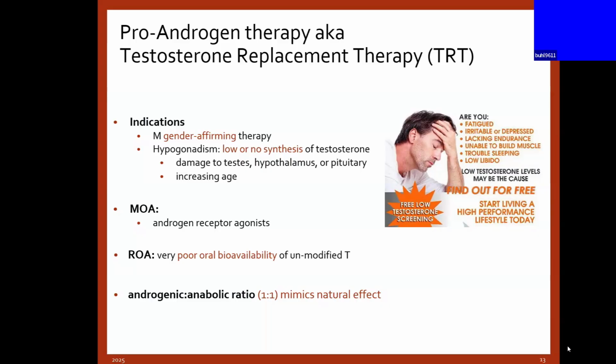What we want to do is say anything that mimics your natural androgenic to anabolic ratio in your body, we're going to call it 1:1. Any drug that increases androgenicity over anabolic is going to be like a 2:1 or whatever. Anything that increases anabolic over androgenic would be like a 1 to 2 or whatever.